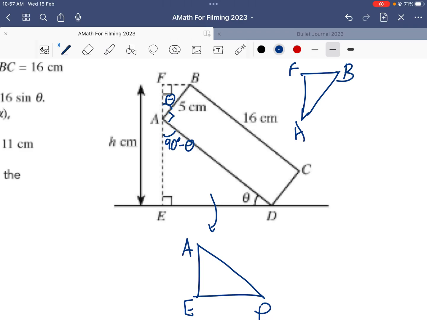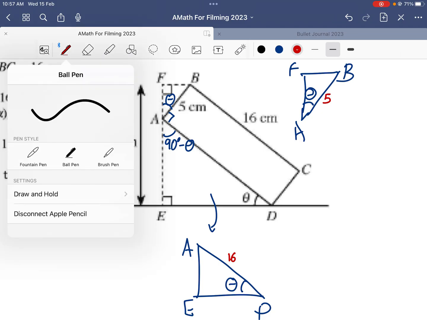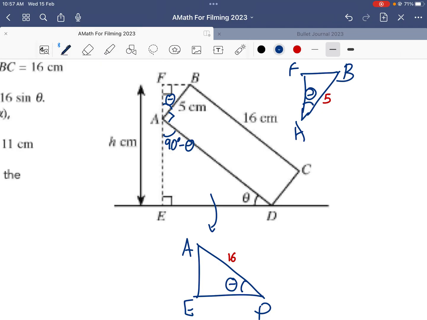So I got two triangles now. This angle here is theta, and this angle here is also theta from the two triangles. Let me fill in some values. This value here is 5, and this value here is 16. If I want the length of FA, cosine theta is AF, adjacent, over hypotenuse.